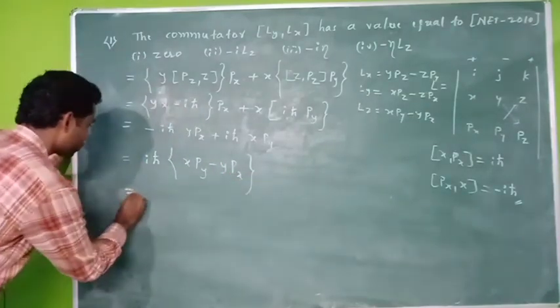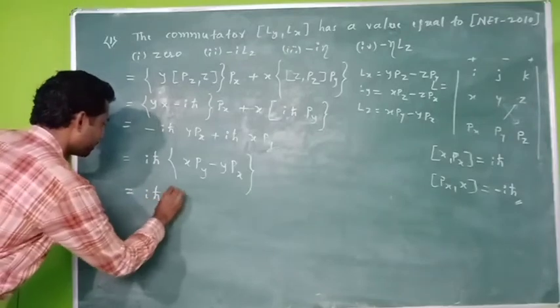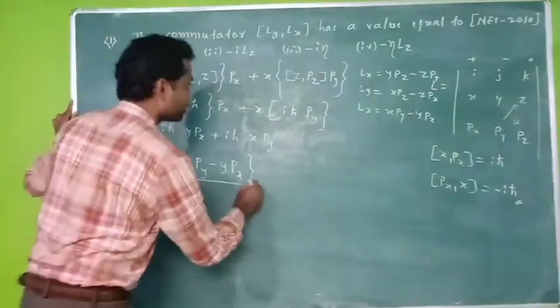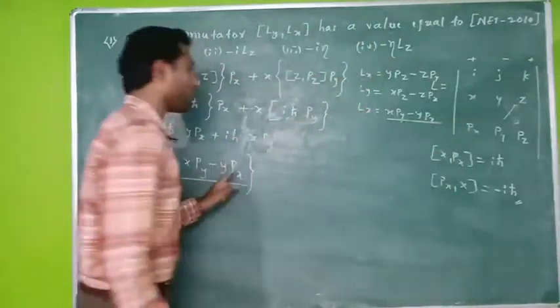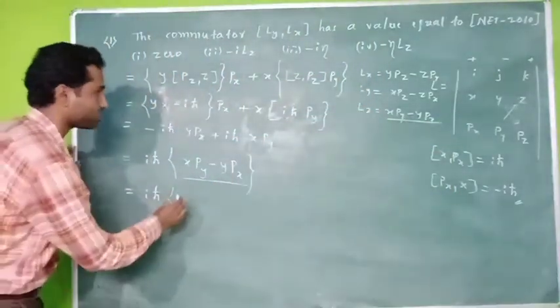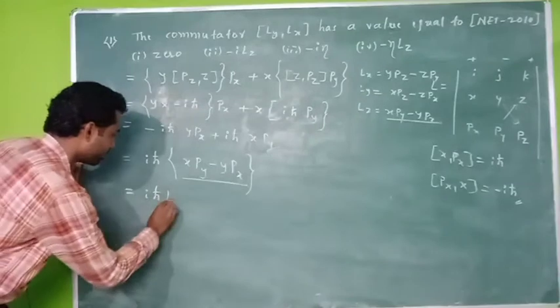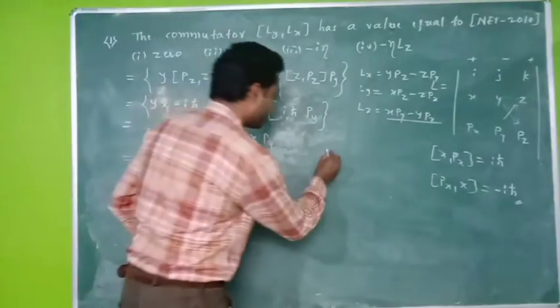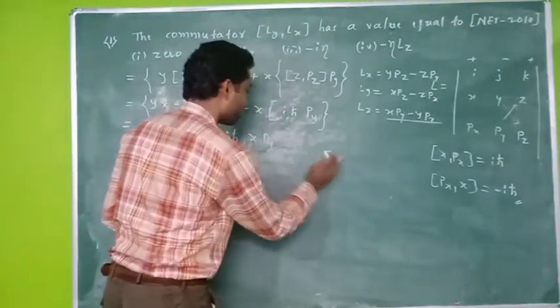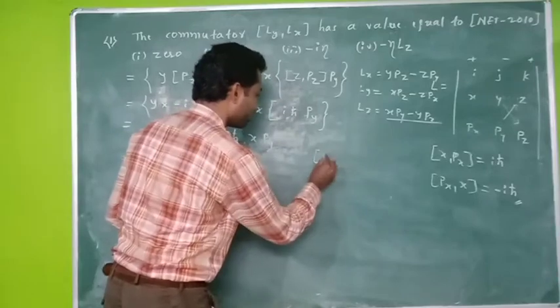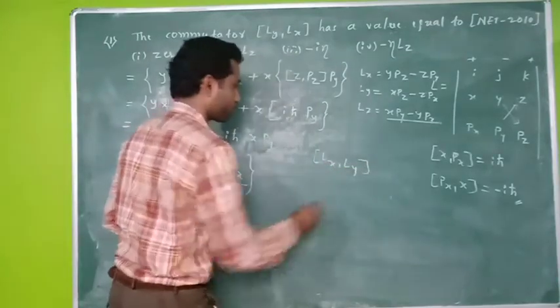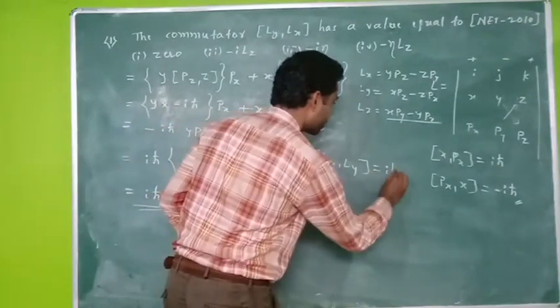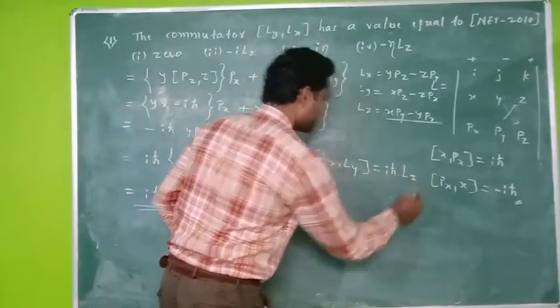So this is equal to i h bar within a bracket, this one, what is that, x py minus y px. So that is nothing but lz, that is nothing but lz. So that means the commutator of lx and ly operators is equal to what, i h bar into lz, right.